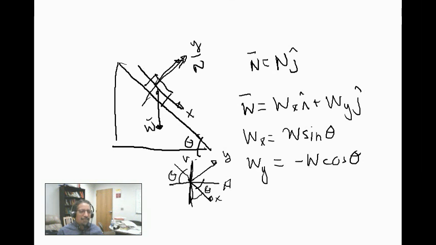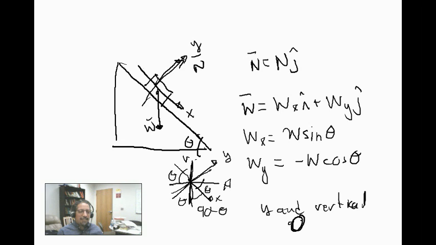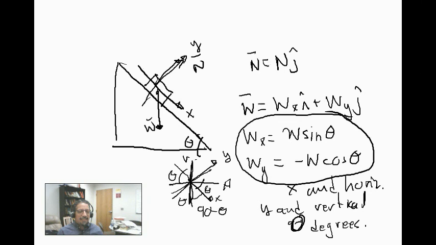And then obviously this is 90 minus theta. And the angle between y and the vertical, note that they are not the same, make an angle of theta degrees, just like x and horizontal also make an angle of theta degrees. And that's how we obtain this result.